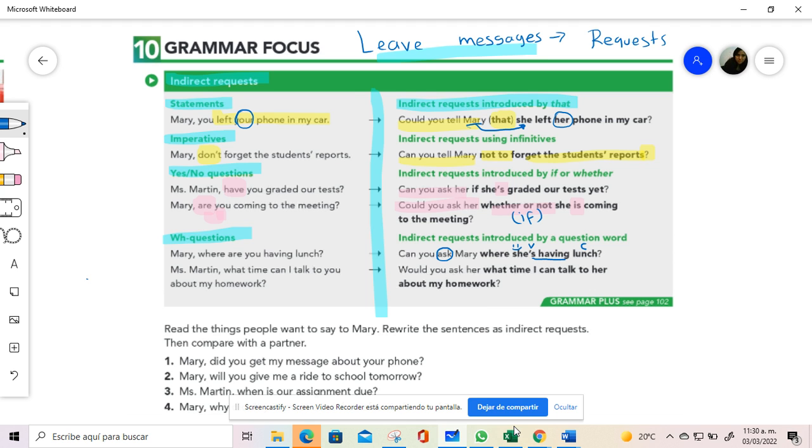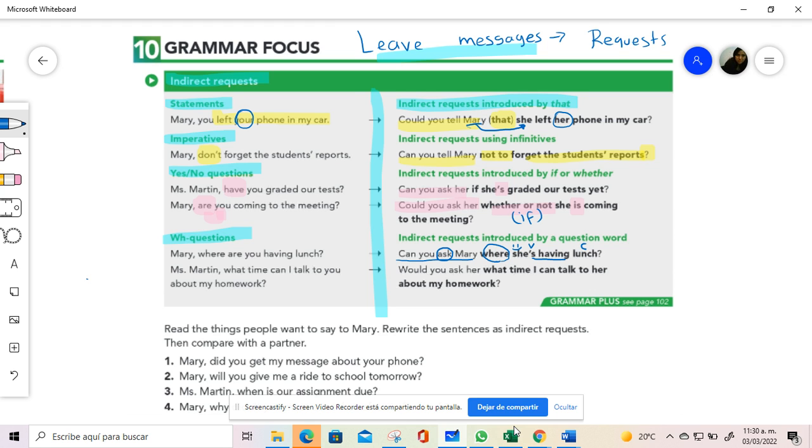So we are writing the second question as an affirmation, only connecting with the WH. Don't say where is she having lunch. No, we have the first question, that is the request, that respects the order, can you ask? And the second question is in the order of an affirmation.